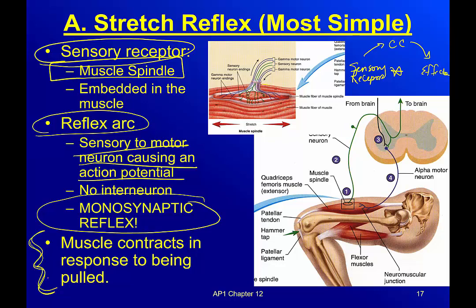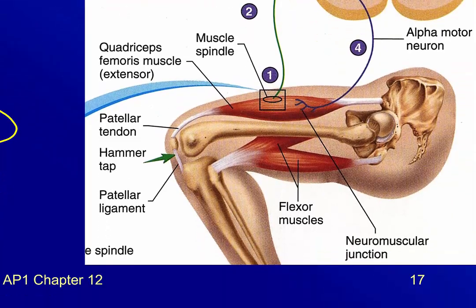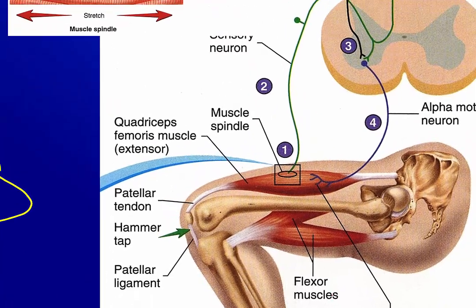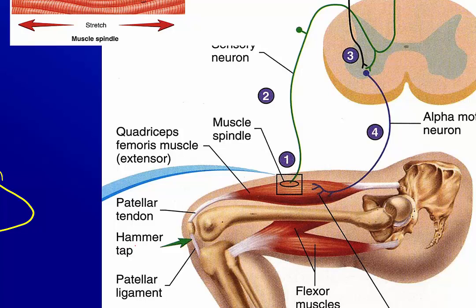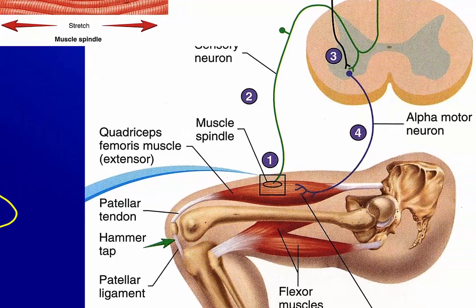So, this is when your doctor hits your knee with a mallet, okay? The hammer comes and actually hits this patellar ligament. See the space behind it? It basically goes into that space. And when it does that, it pulls the patella, which pulls the patellar tendon, which causes the quad to be pulled on.